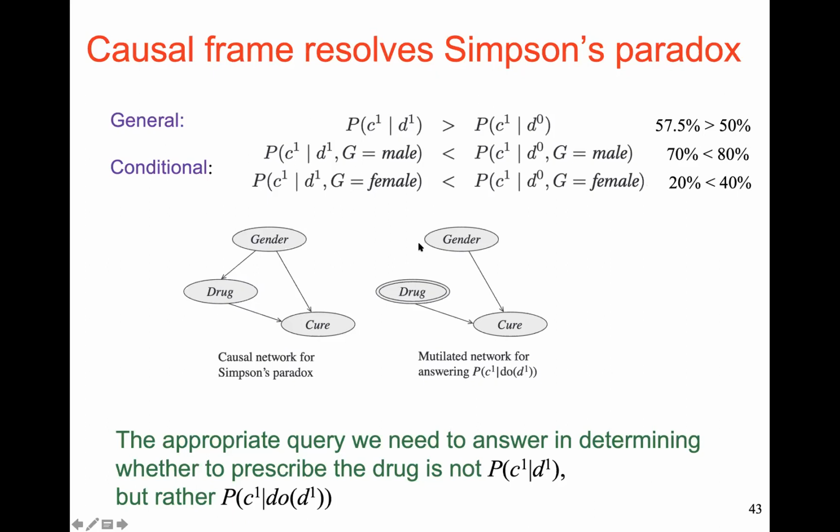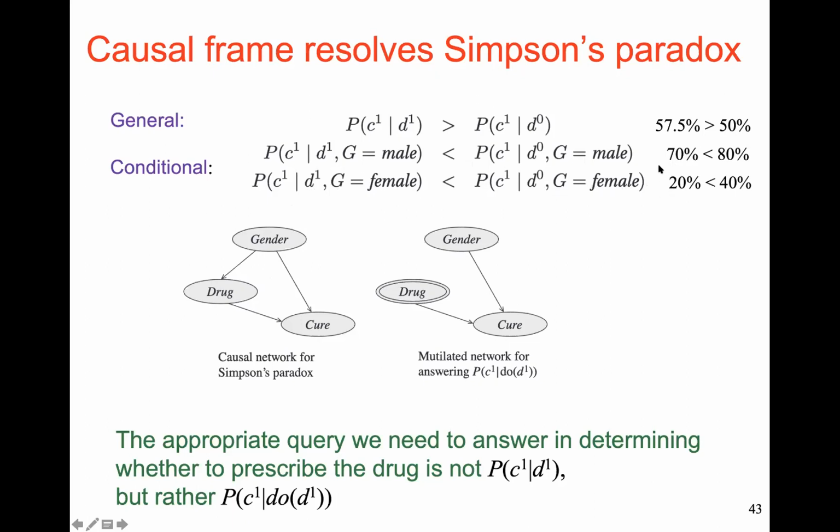But if we now look at the male population and female population, cure given drug for male is 70%, less than 80% for cure given not drug. And cure given drug for gender female is less than cure given not drug for gender female, 20% of all.